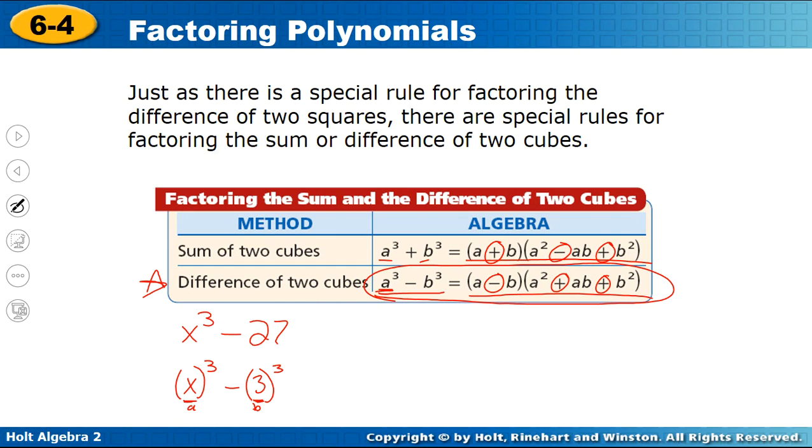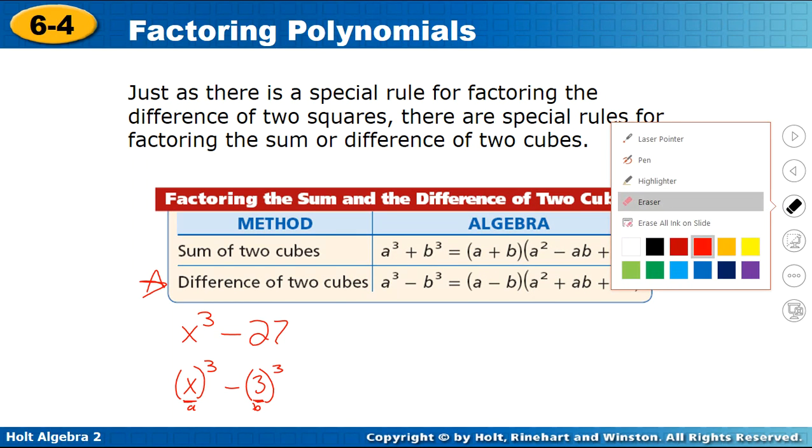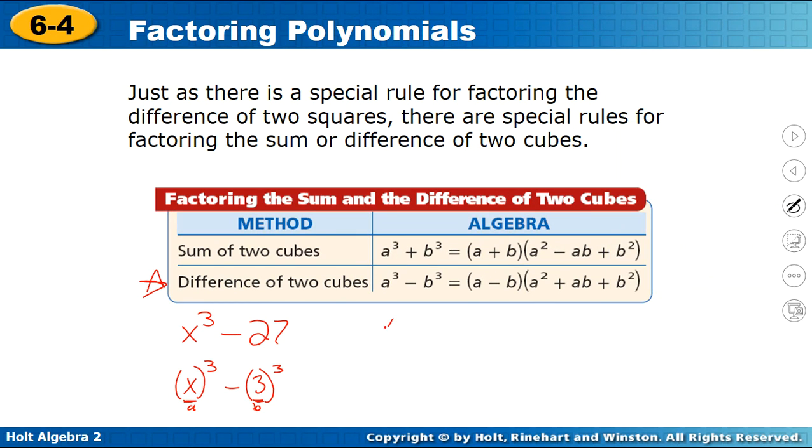I'm going to put this right below it so that you can see how everything's lined up. I'm just going to use this as a template. So I've got x to the third power minus 3 to the third power. Essentially x is my a and 3 is my b. So I'll put x where a is and 3 where b is.